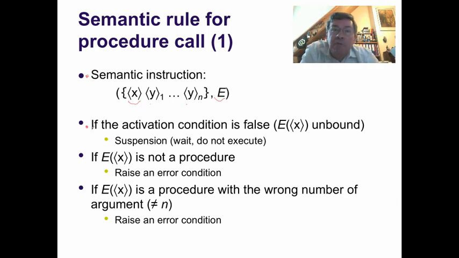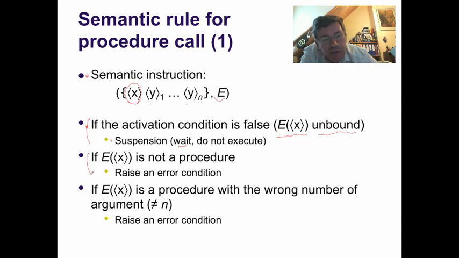Remember, for the if statement, the conditional variable had to be bound to a value. It's the same here. E of x, which is the value corresponding to the procedure name, has to be bound. So if it's unbound, we cannot execute. We will suspend or wait. So if the activation condition is false, we don't execute yet. So this is for concurrency. We won't say more about that.